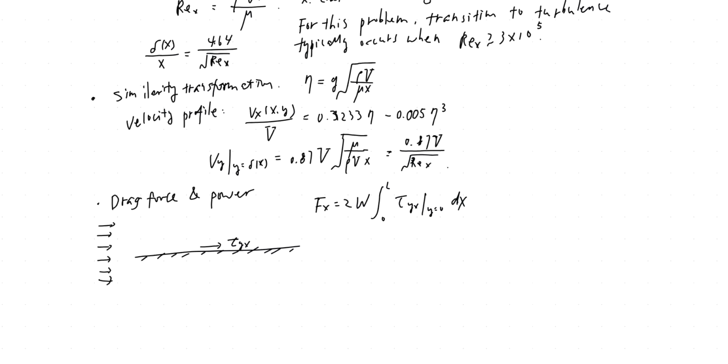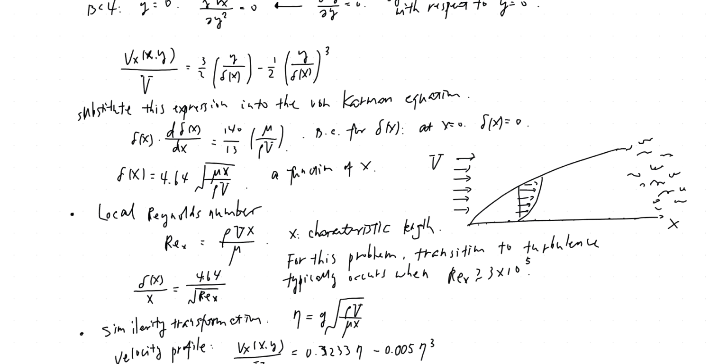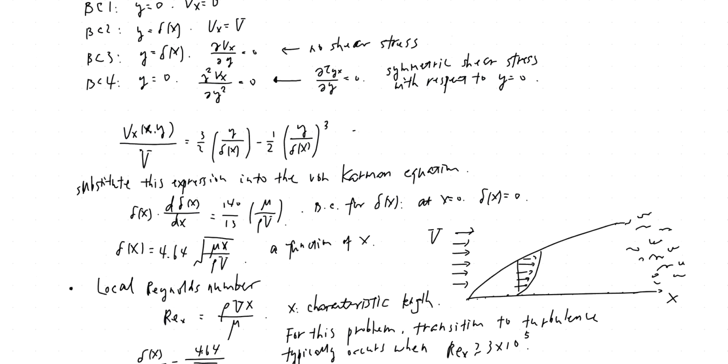Well, it's the same as 2W ∫ from 0 to L of μ ∂Vx/∂y evaluated at y equal to 0, dx. Now we already know our expression for velocity. It is this expression, and you can use it.